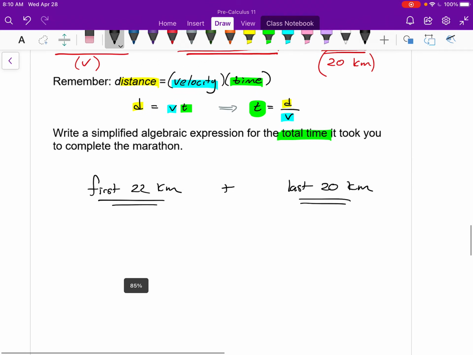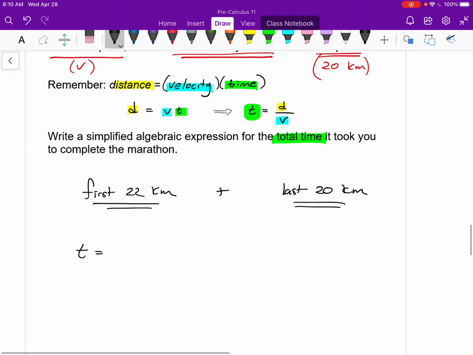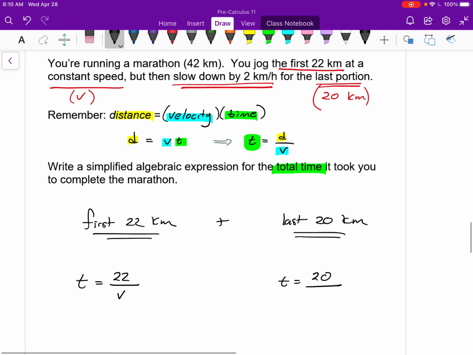So let's think about the first 22. The time it took you was the distance, which we know is 22, divided by the velocity, which, again, we don't know, so v. What about the last 20 kilometers? Well, the time it took us for that was the distance, 20, divided by the velocity. We don't know what it is, but we know it was 2 kilometers shorter than before. So it's v minus 2.